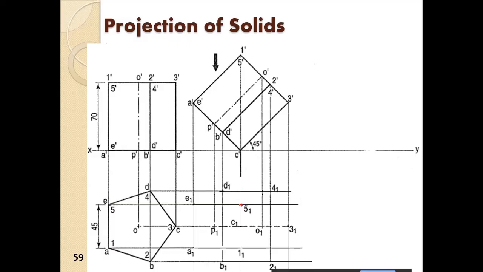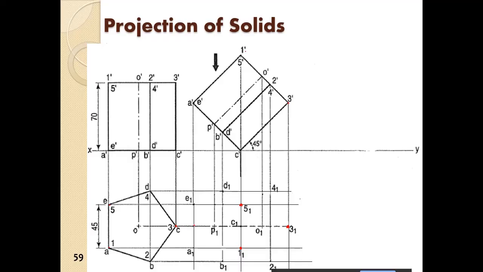This is one point of projection. Similarly 1 dash is projected to this point, so 1 dash here and 1 here. Then let us see 3 dash. 3 dash is projected to this point.